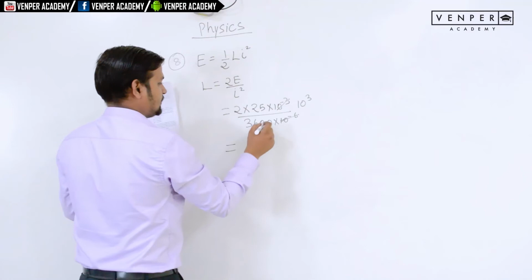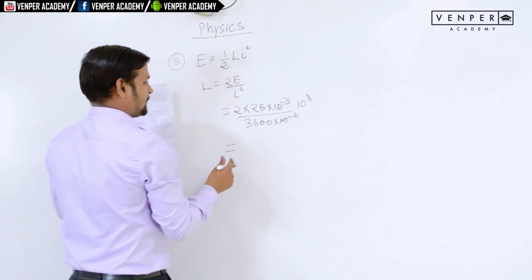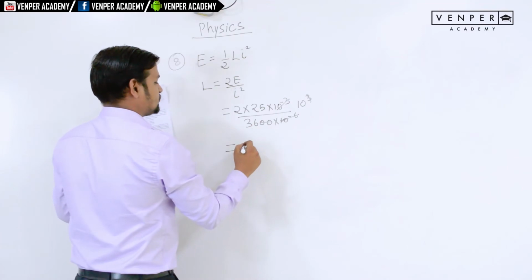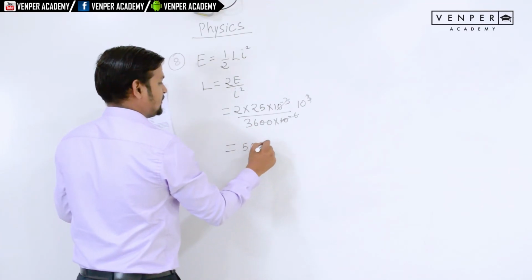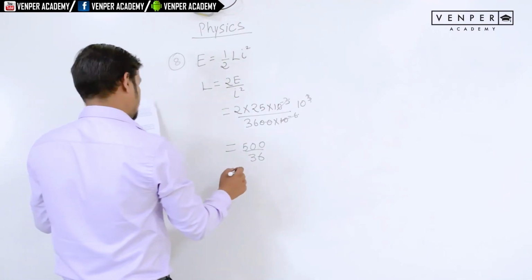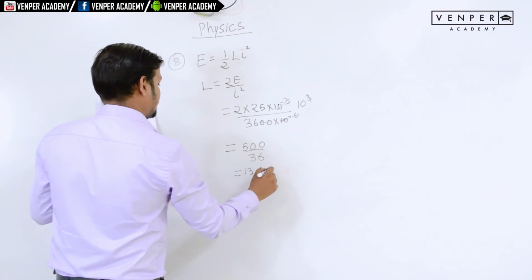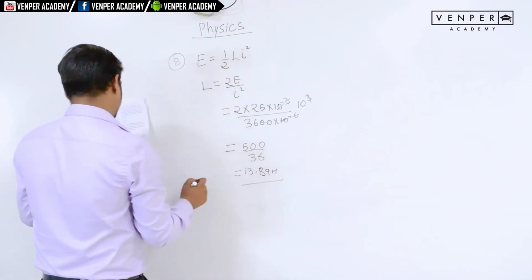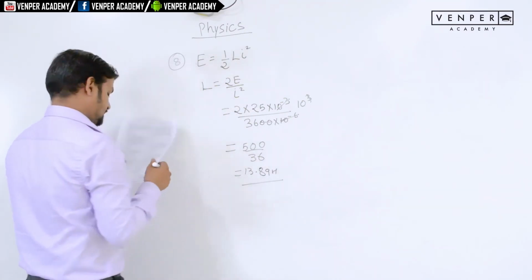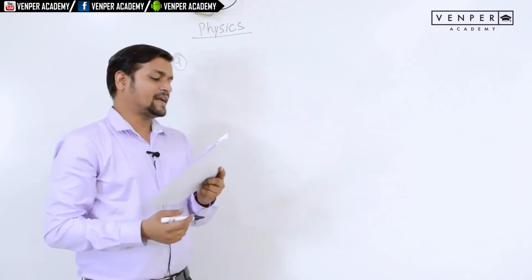Now after solving, it is 25 into 250, 500 by 36. When you solve this, you will get your answer as 13.89 Henry. So which is your third option, 13.89 Henry.